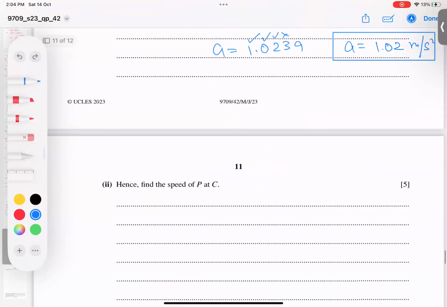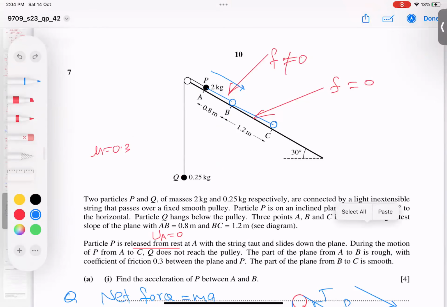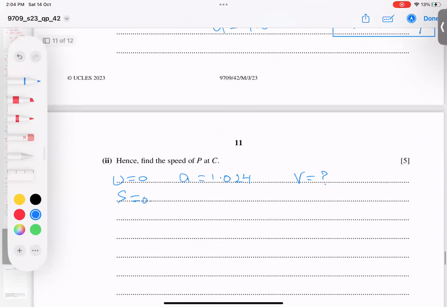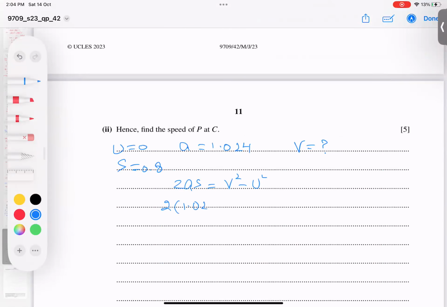So let's see, I can find it. The data is very clear: u is 0, acceleration 1.024, I write it for more accuracy. Even if I take 1.02, no issue at all. And what is the speed I want to find? And s is given: 0.08. So I can find it easily. 2as is equal to v squared minus u squared, and 2 times 1.024.